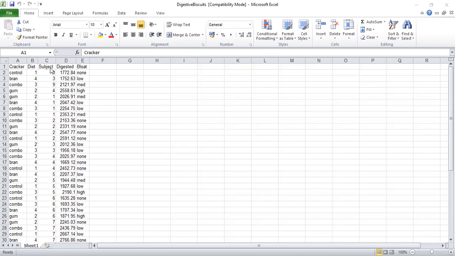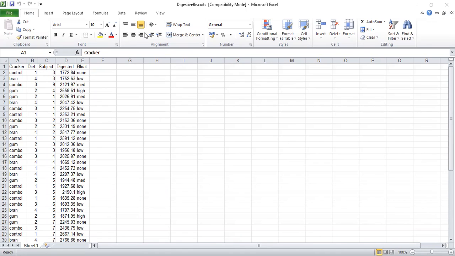Use the chi-square test statistic for independence or homogeneity between these different categorical variables. Obviously, consider two at a time. Consider two categorical variables at one go to conduct this chi-square test for independence, and don't consider this continuous variable digested.